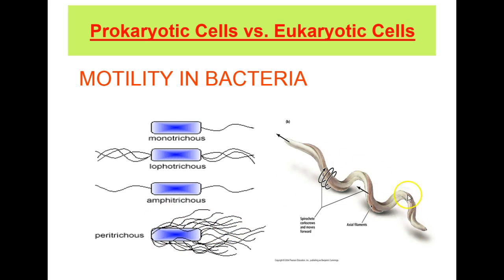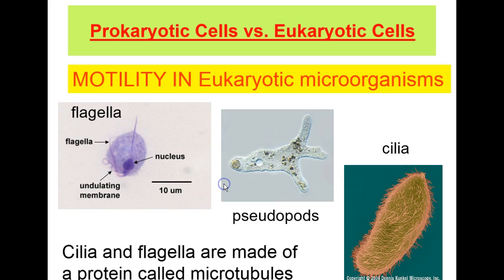Endoflagella or axial filaments are unique to spirochetes. Not all bacteria are motile. Those that are move by means of rotating flagella. Motility in eukaryotic microorganisms can be due to flagella, cilia, or pseudopods.